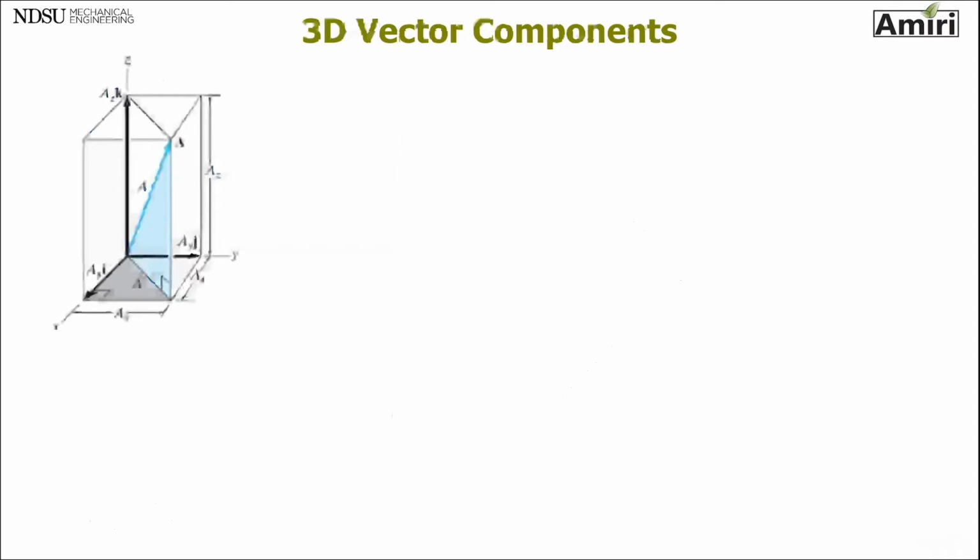So same as before, I'm going to write vector a is a resultant of its components, ax, ay, az. Remember, this is a vector and all of these are vectors.